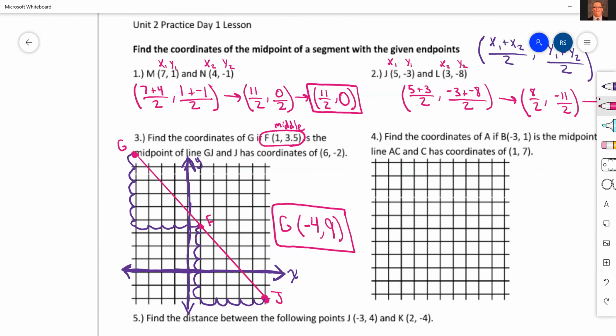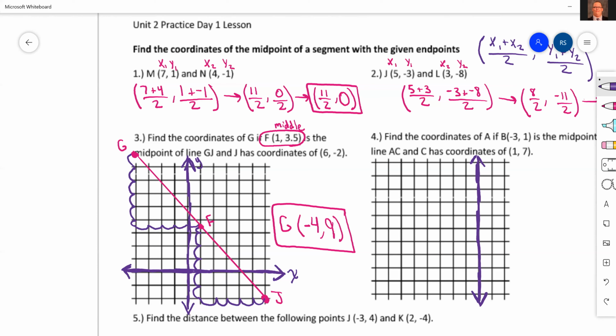Okay, now let's repeat the process for the next one. Again, my axes are going to kind of look wonky, but that's because I'm trying to fit as much of this on my graph as possible. The other way we would have to do it is algebraically if we couldn't do it on the graph.